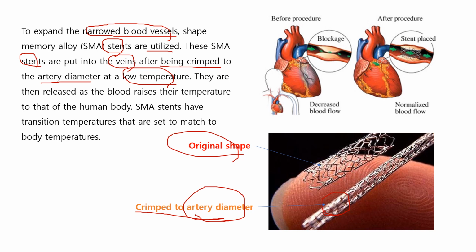So we shrink this stent to fit the artery diameter and put it here, and then it is heated up by the blood flow. Then it will expand to the original shape, and the blood can flow through the vessel.